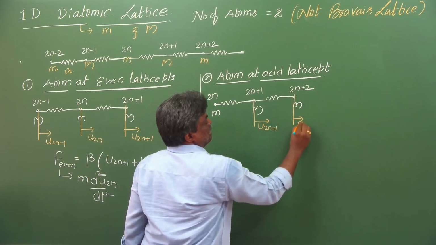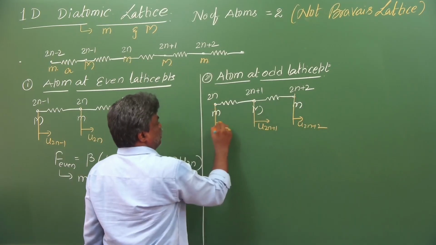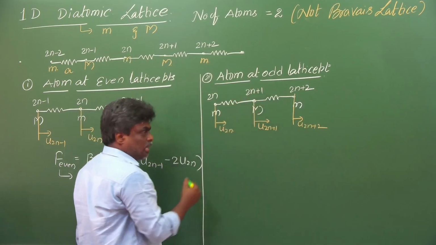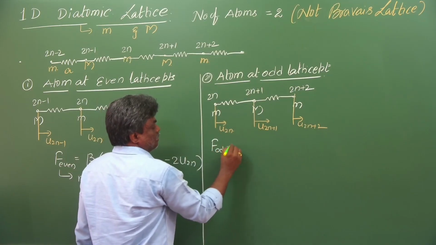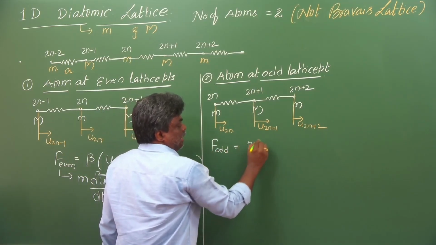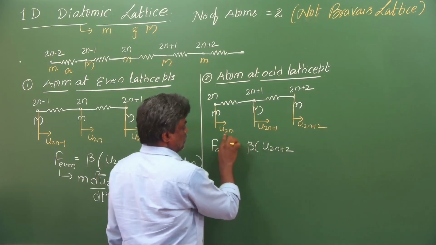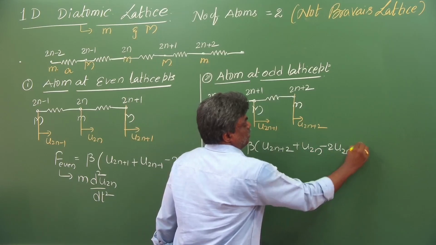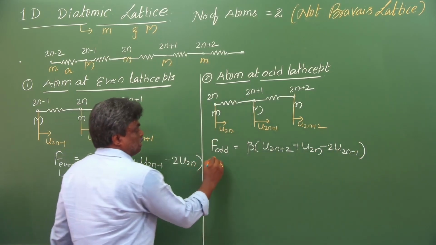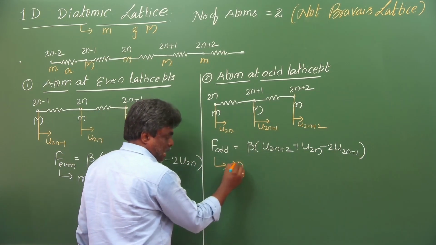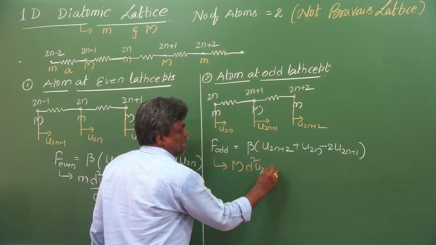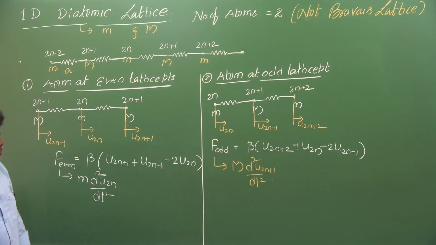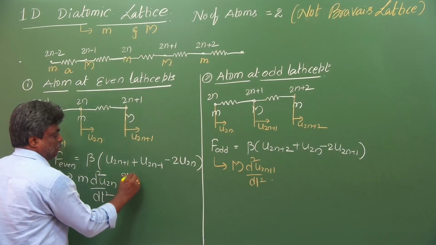Similar algebra, that's why I am doing it fast. Now again I am writing Hooke's law, that is the force acting on the odd atom equals beta into the differences of neighbouring displacements. And as usual, this is nothing but mass times acceleration, but here it is capital M, d square u2n plus 1 by dt square. That's it. Okay, fine.